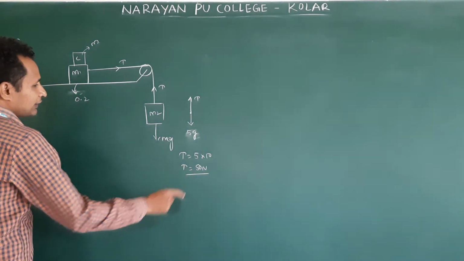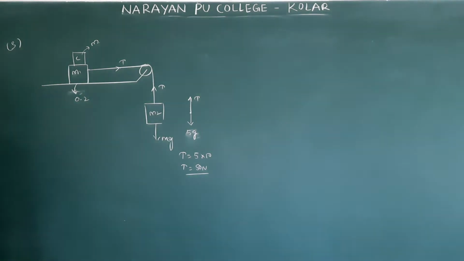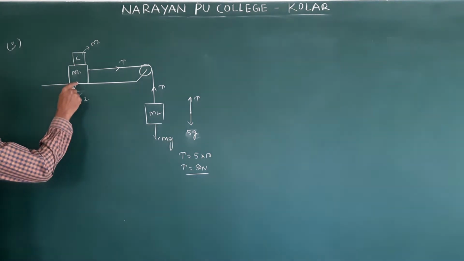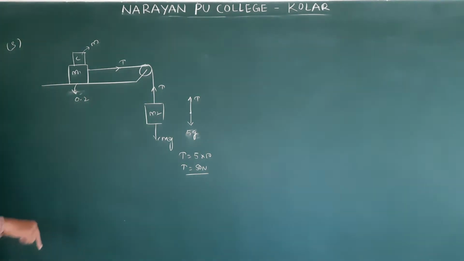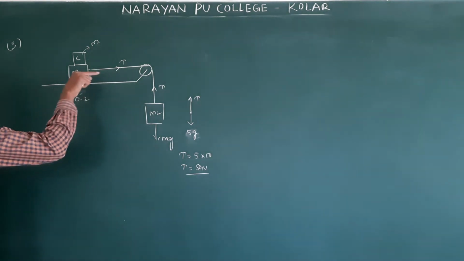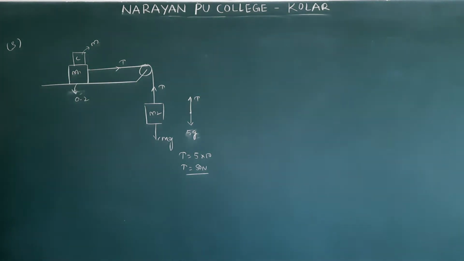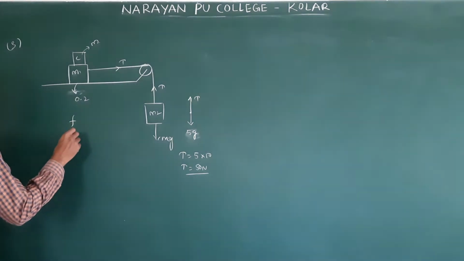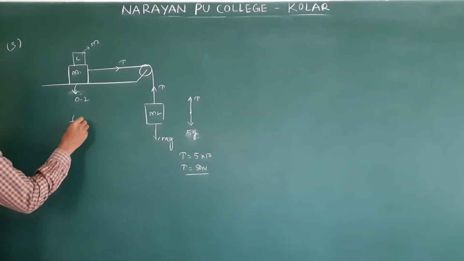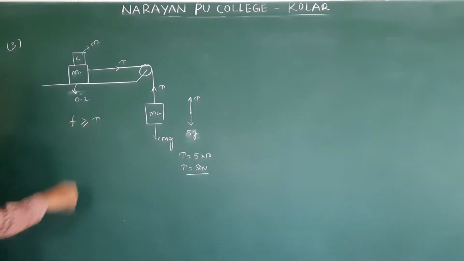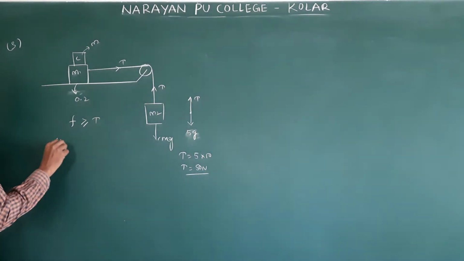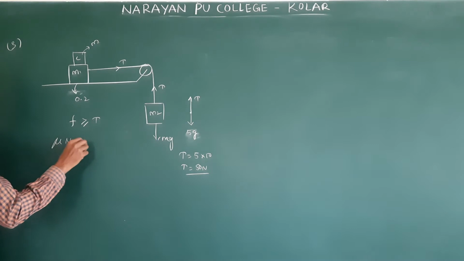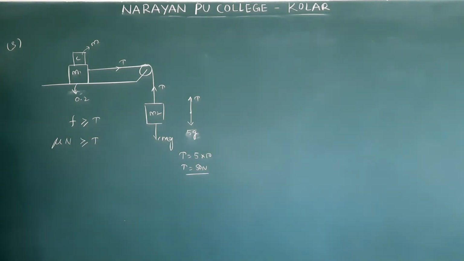So tension is 50. What would be the maximum friction here? It would also be 50 Newton. If not, the body moves. Friction to prevent the motion must be greater than or equal to T. So mu into N greater than or equal to T. How do we write mu into N?